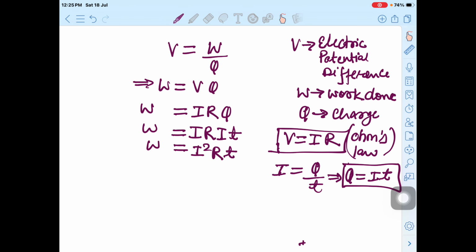And when they collide with the atoms, they transfer their kinetic energy to the atoms, right? As they are transferring their energy, they are doing some work when they are moving from lower potential to higher potential, right?